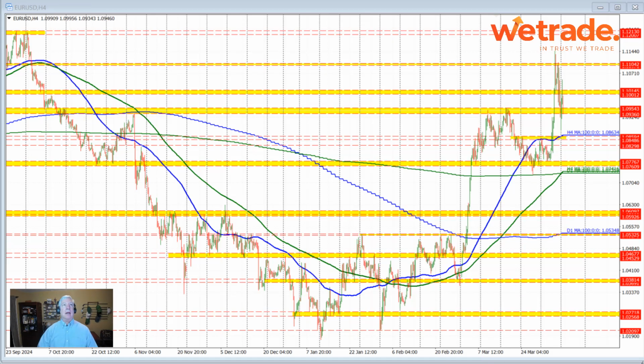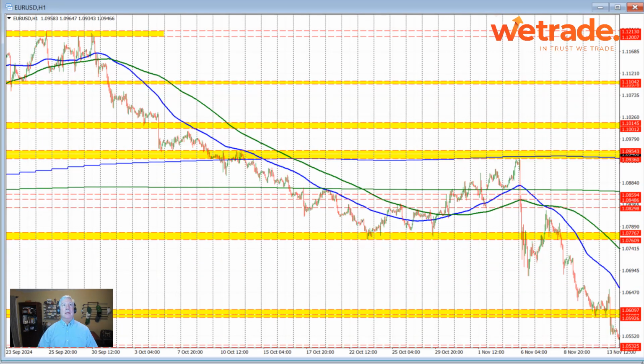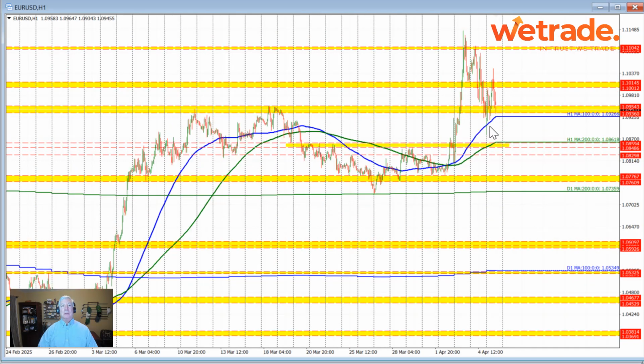Now, if I go to the hourly chart, also in play off the hourly chart is this blue line. This blue line represents the 100-hour moving average. In the first hour of trading, we did move below that level briefly, but the last two tries down here, including the most recent bar, are finding some support against that rising 100-hour moving average.